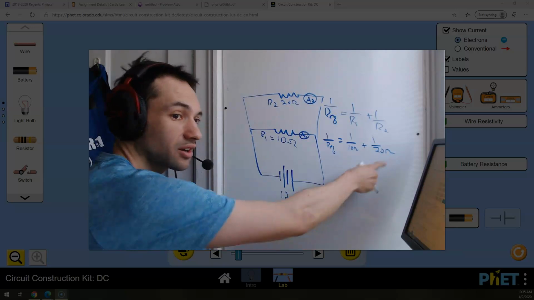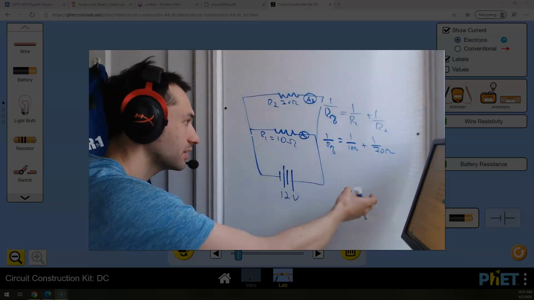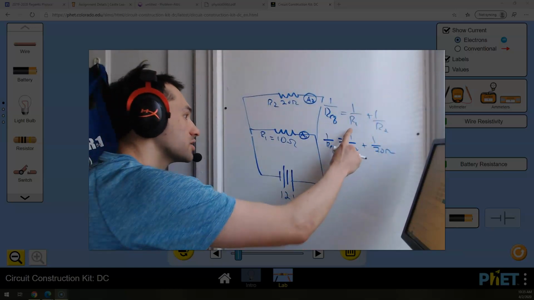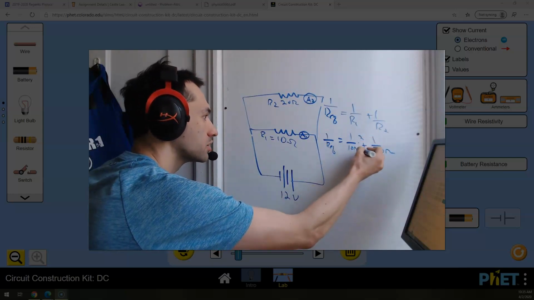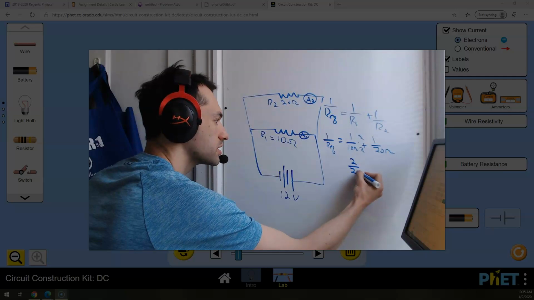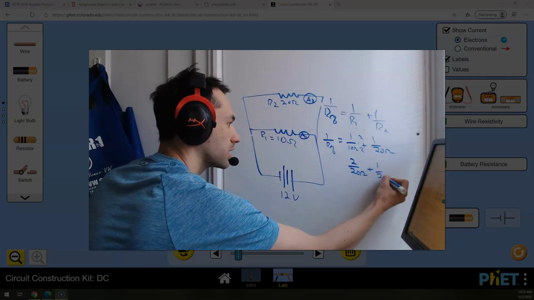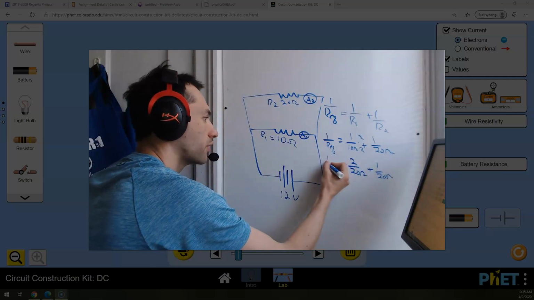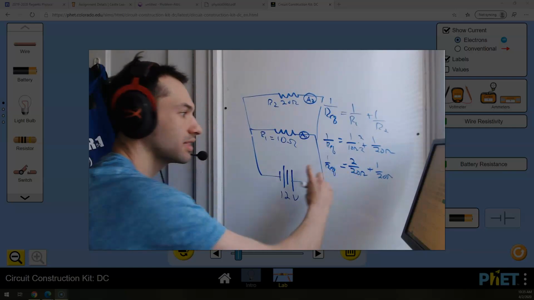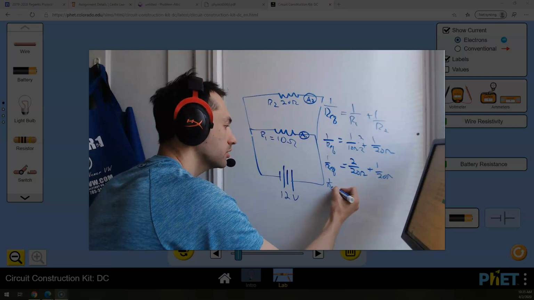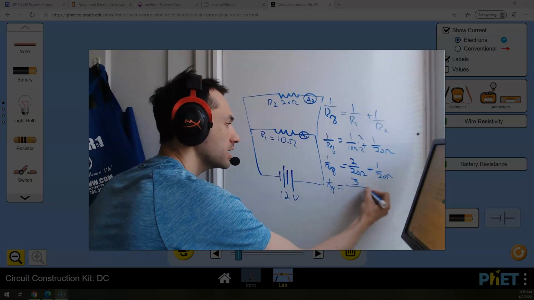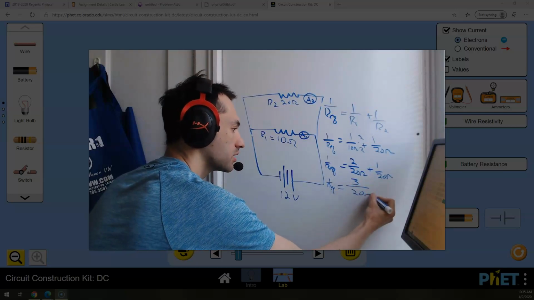I got to look at these and ask, what's the most common thing I could have? And it's going to be 20. So this 1 over 10, I will change to 2 over 20 ohms plus 1 over 20 ohms equals 1 over Req. Now I can add them. So now I've got 1 over Req equals 3 over 20 ohms.